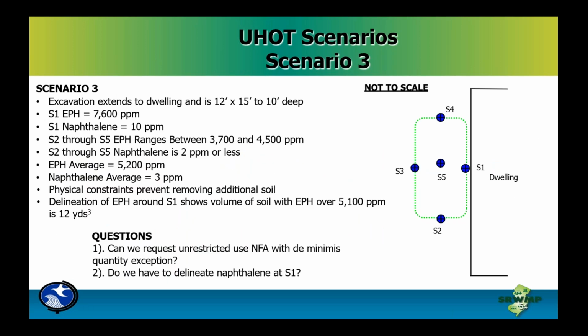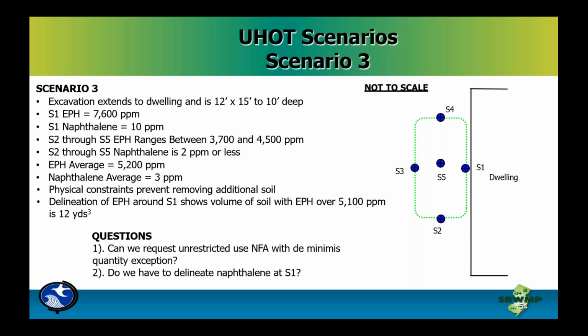So what they were asking is if we dig out S5 and S2. No, because we still have S1 that's above the standard, and it hasn't been delineated. We can't ask for a de minimis quantity here because S1 is still 7,600 and we're not under the house.